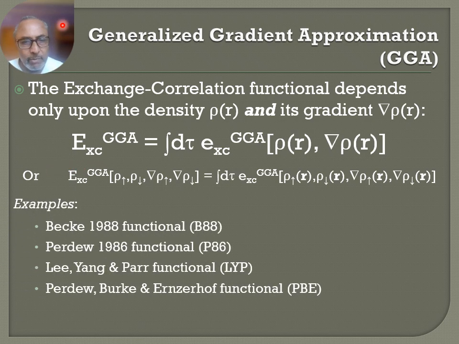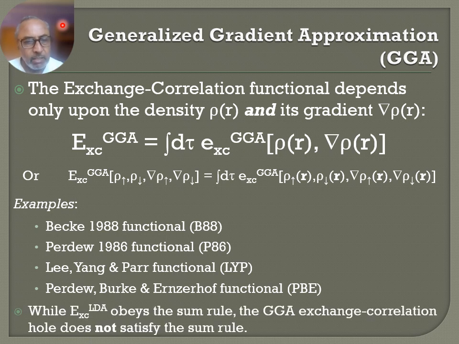Examples include the Becke 1988 functional, the Perdew 1986 functional, Lee, Yang and Parr's functional, Perdew, Burke and Ernzerhof's functional, PBE. But while the LDA exchange correlation energy functional obeys the sum rule, the GGA exchange correlation hole does not satisfy the sum rule.